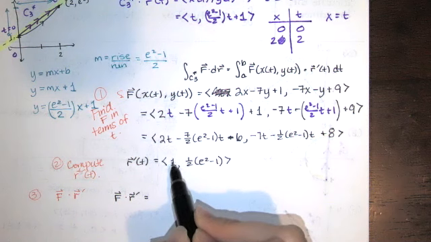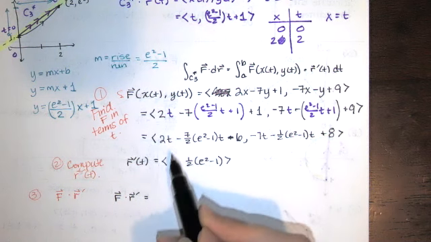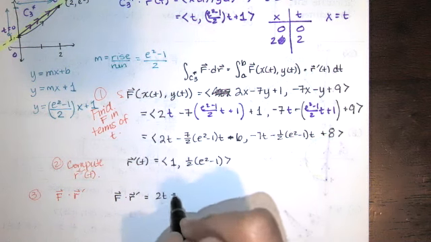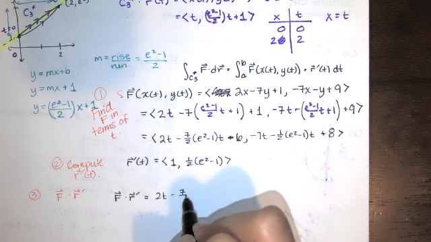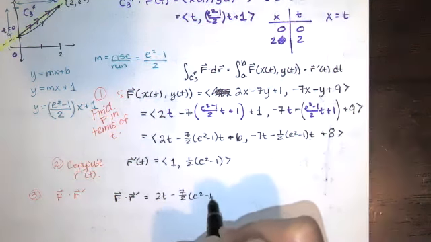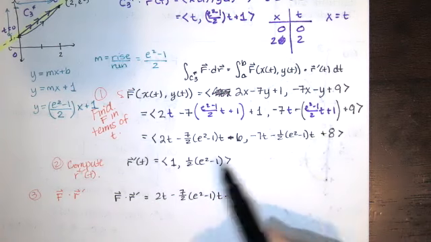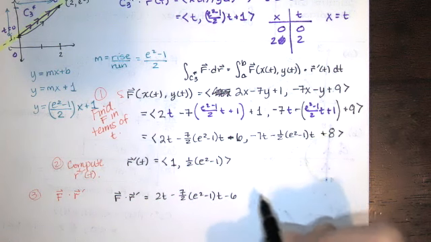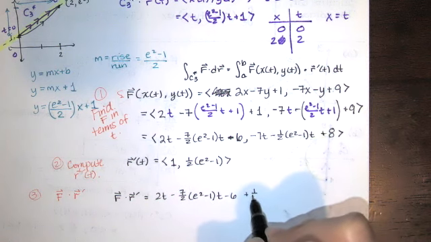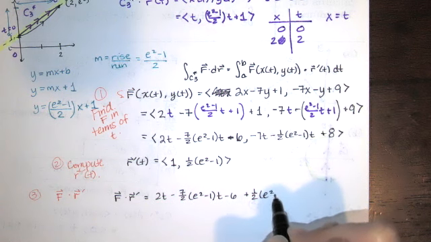But I have this times 1. So it's just going to be that x component of f. And then I have this expression times the 1/2 e squared minus 1. I think I'm going to leave that factored out.